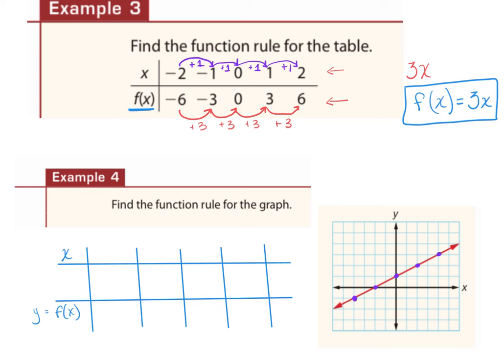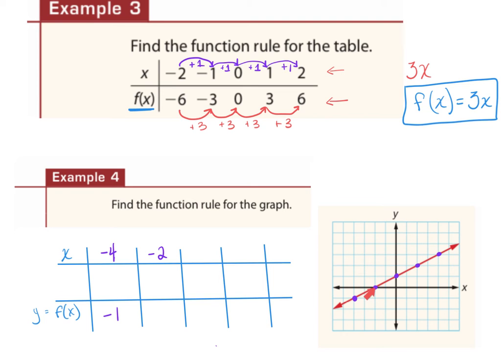By that, I mean I'm going to figure out my x and my y value. So my x value here is -4. That's my input. My y value here is -1. All right? That is my output. All right? Let's look at the next guy. This is -2 x value. So that's what I'm going to put here.